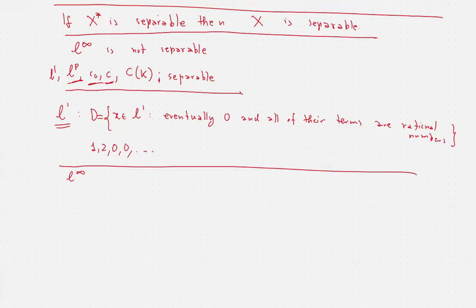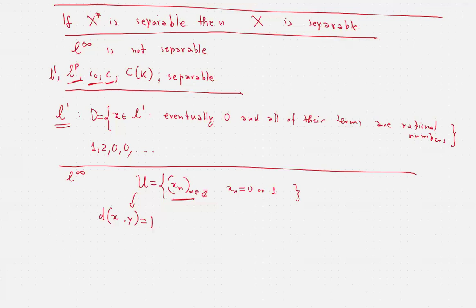So if we take the subset U, which is all xn, n in Z, with xn equals 0 or 1, all of them, then it turns out that this is an uncountable set because it has as many elements as the subsets of N. So it's uncountable, and the distance between any two distinct elements in U is 1.